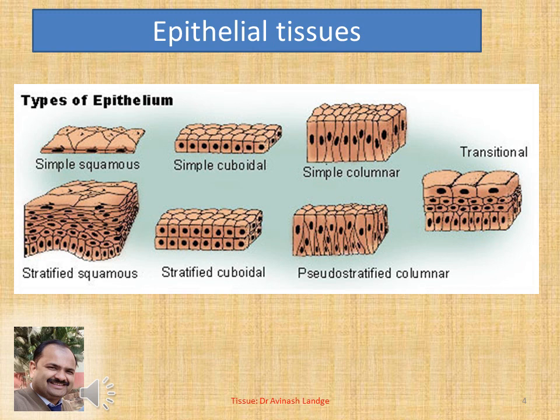It forms a delicate lining of cavities. They are present in mouth, esophagus, nose, pericardium, alveoli, etc. Blood vessels, and the covering of the tongue and skin are also made up of these squamous epithelial tissues.